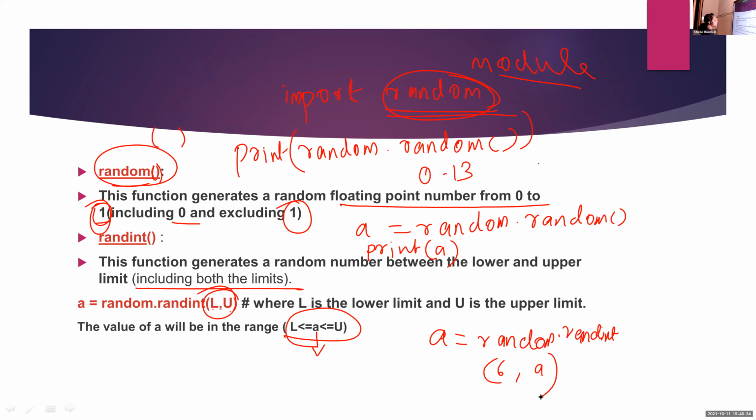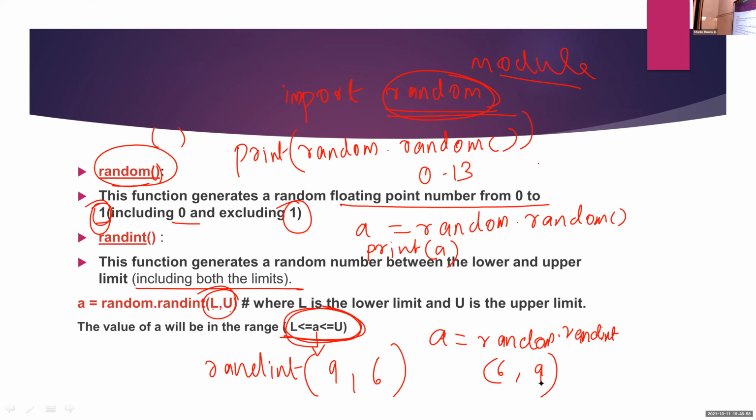We can't write randint 9, 6. This is the meaning of this statement. We can't write 9, 6. Always write 6, 9. Lower limit is always less than or equal to upper limit.